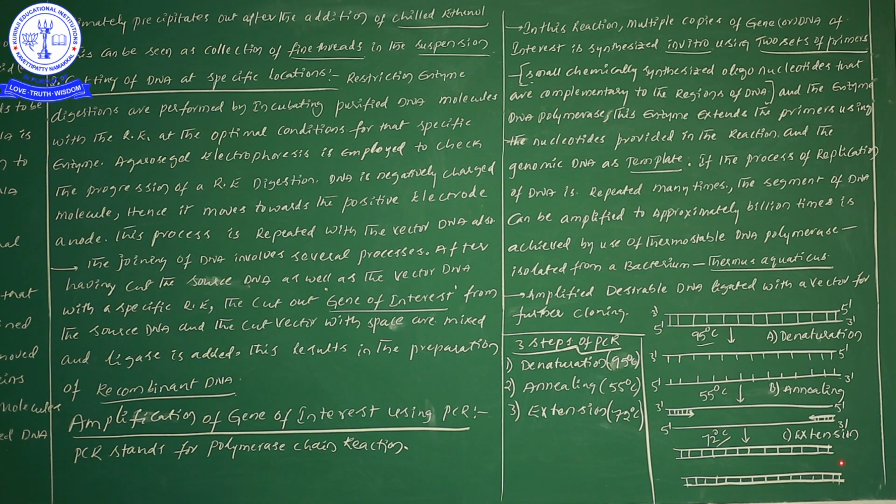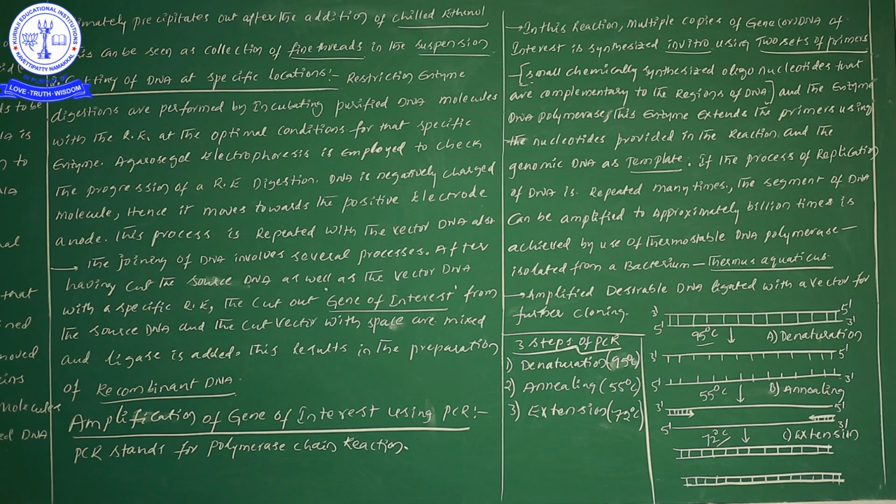In extension, what is the point? The word itself gives information. Extension we do at 72 degrees centigrade. With the help of the DNA polymerase enzyme, polymerization takes place.